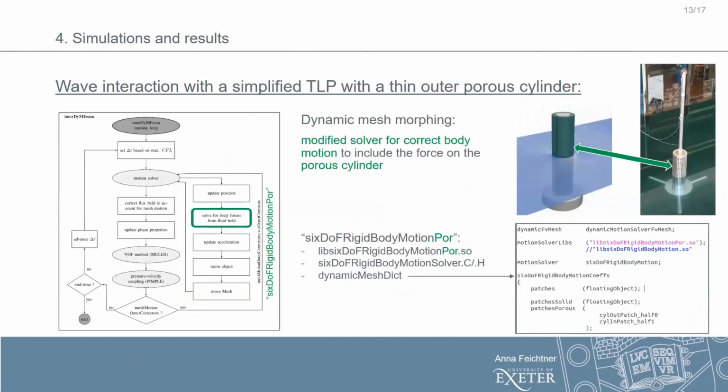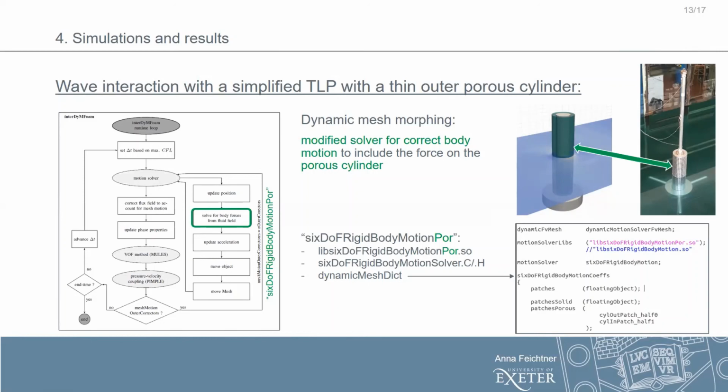This was where the studies on the static structures, and now they've been extended to the moving TLP with outer perforated cylinder. Also here, the cylinder is not represented in detail, but by means of a porous media and momentum resistance source again, because this capability is not already included in the dynamic mesh morphing library of OpenFOAM.